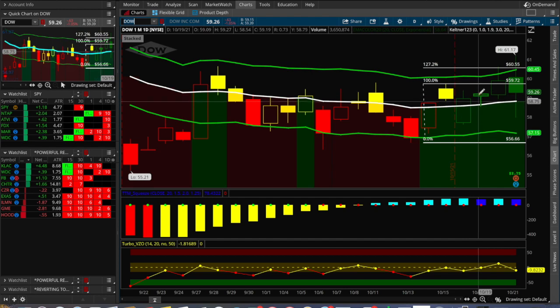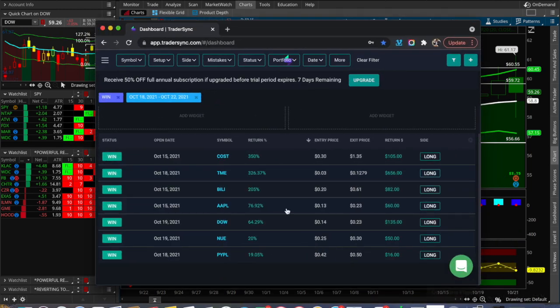Guess what? It was right here, crossed that line. That's all I need to know. It was getting ready for a move. Next day, bam, 127.2 extension. Hit that line, done. That was a 64% gain.